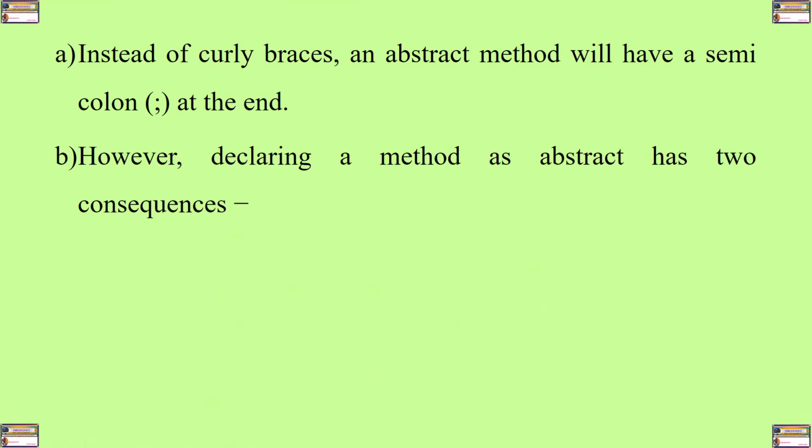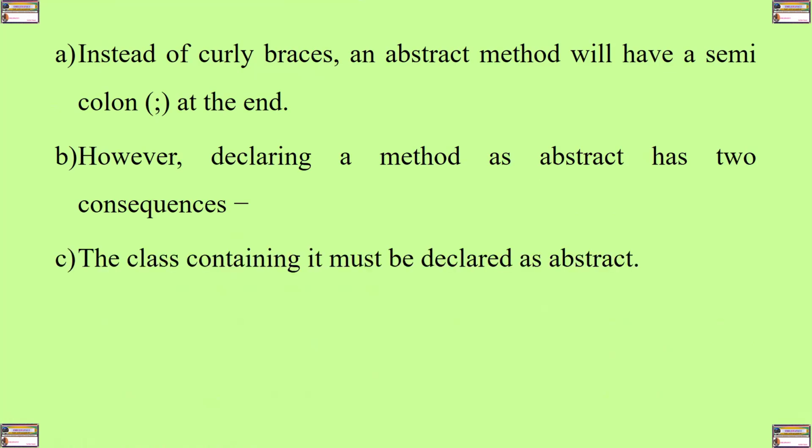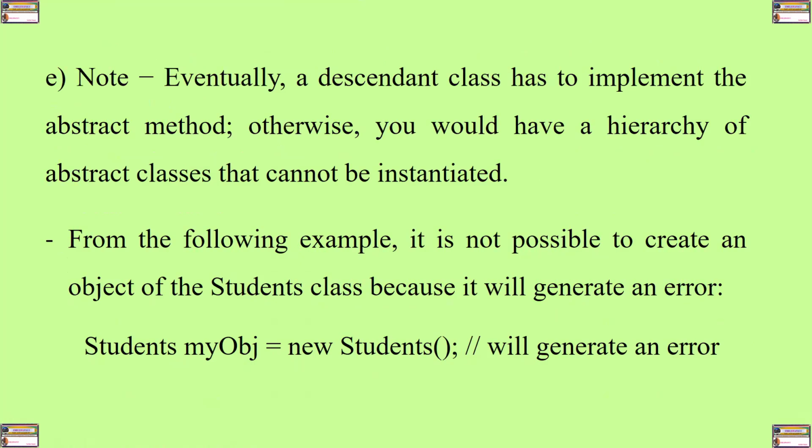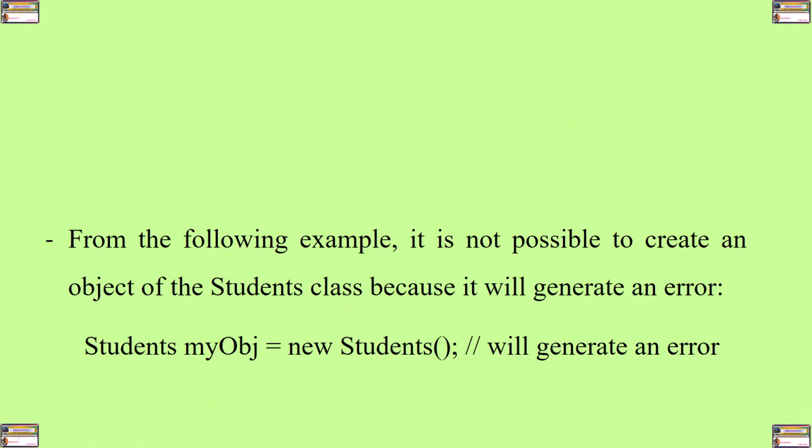However, declaring a method as abstract has two consequences. One, the class containing it must be declared as abstract. And two, any class inheriting the current class must either override the abstract method or declare itself as abstract. So, it is important to note that eventually a descendant class has to implement the abstract method, otherwise you would have a hierarchy of abstract classes that cannot be instantiated.